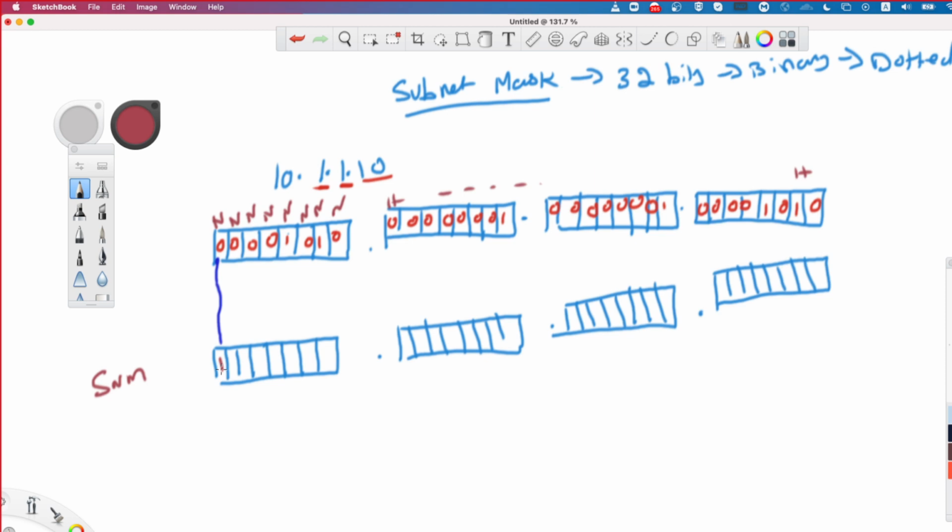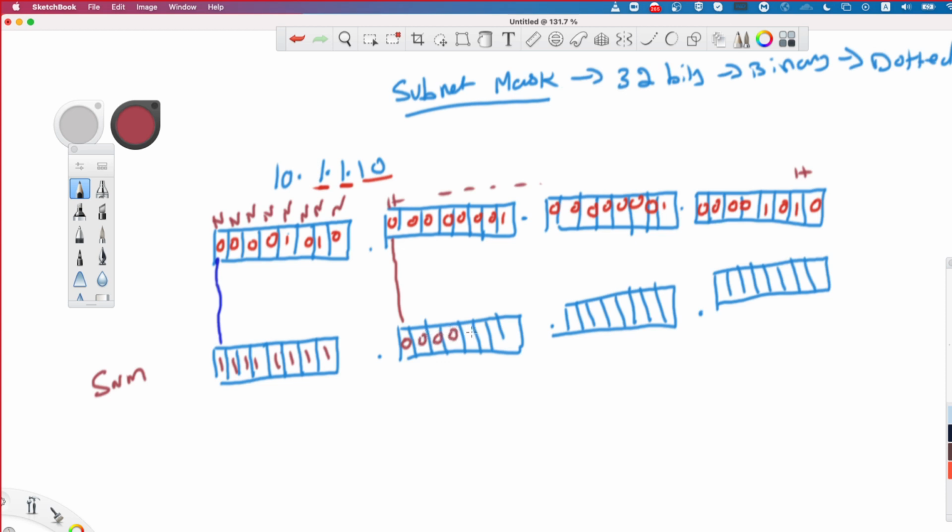Now, if I apply the same logic on my subnet mask portion, the first 8 bits are going to be true bits, and the remaining 24 bits are going to be false bits. So I put 1 1 1 here. Here I have to put 0 because the corresponding bit is not part of the network ID. It belongs to the host ID, so the respective value here will be 0.